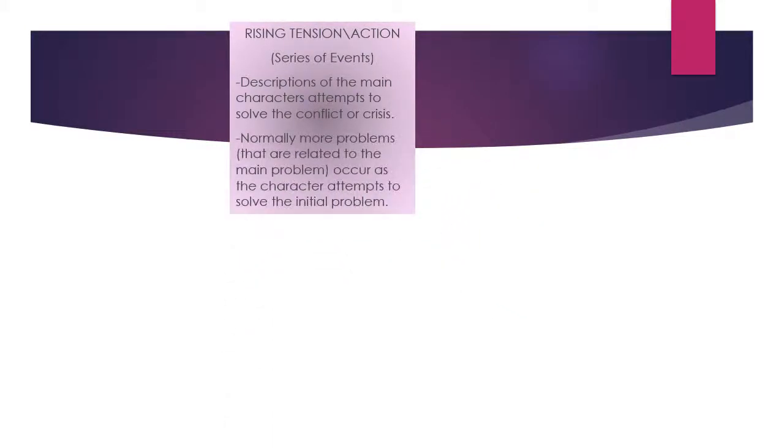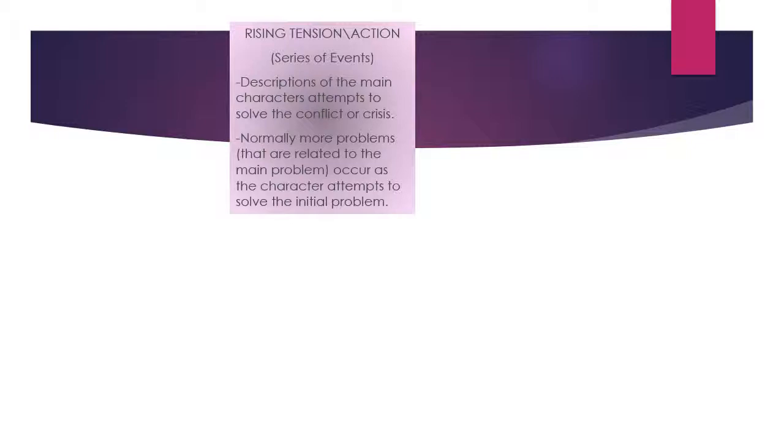There are normally more problems that affect the character. It'd be a pretty boring story if we had them have the problem and in the next paragraph it was solved. So we build up tension by creating further problems that are linked to their overall problem.